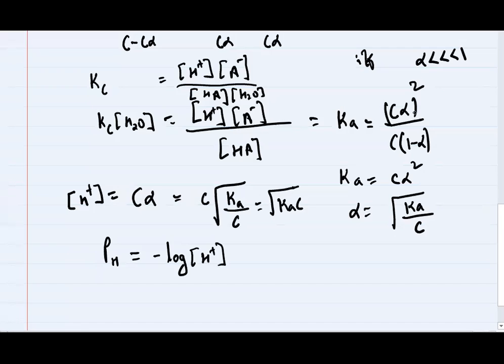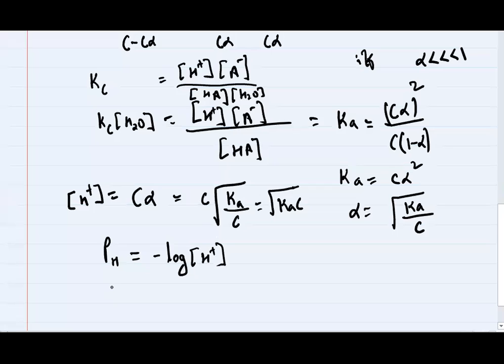This is the definition of pH. It is called the power of H. Now, when we talk about this formula, tell me, what is the pH for a weak acid?